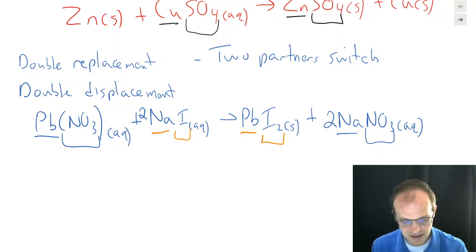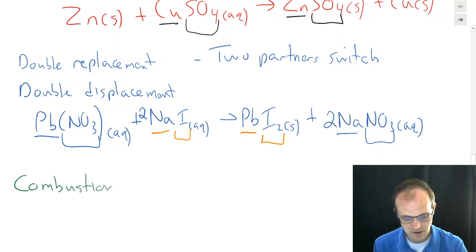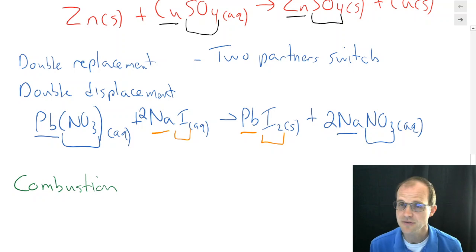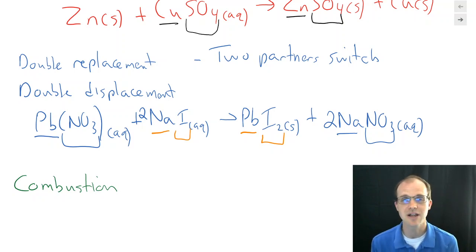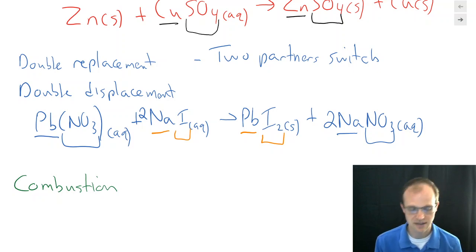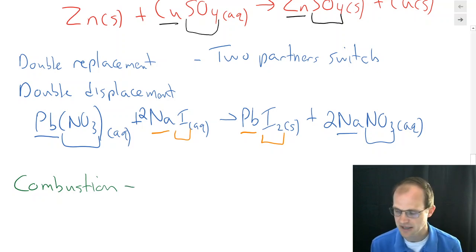One more for this page is what we call a combustion reaction. And a combustion reaction, there's actually different definitions depending on who you talk to. Some chemists will actually call any reaction with oxygen a combustion reaction. We're going to narrow it down a little bit more.